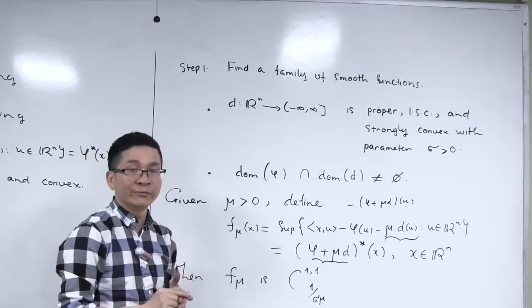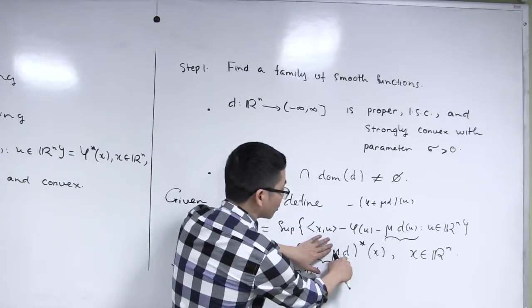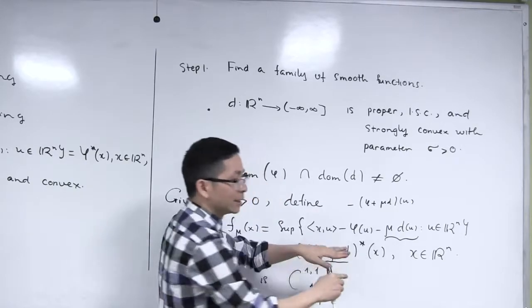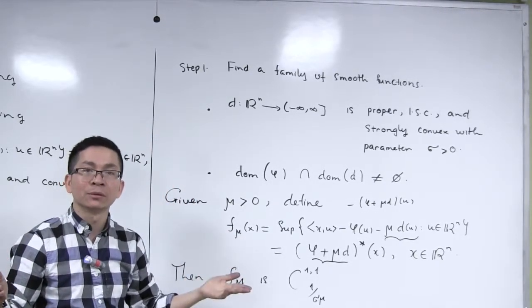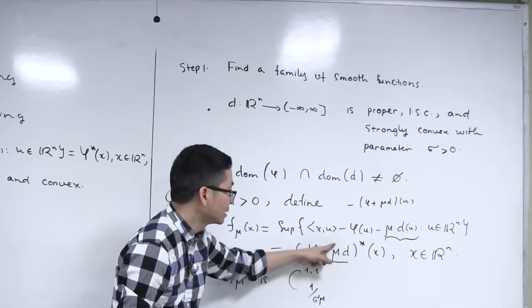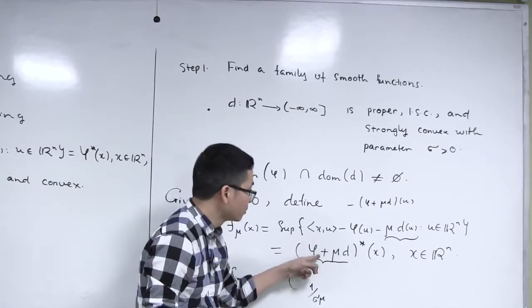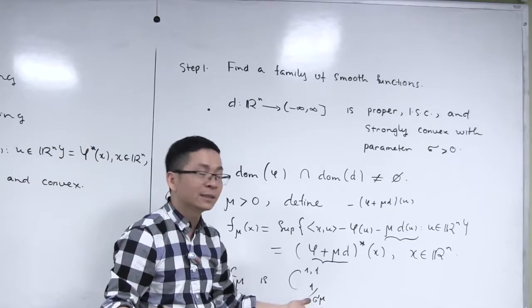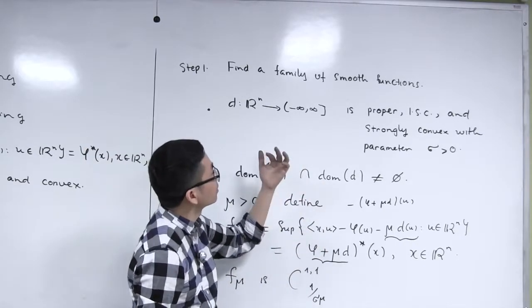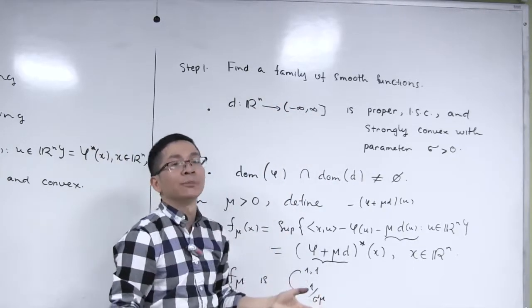Now, from the previous proposition, we see that because d is strongly convex with parameter sigma, mu times d is strongly convex with parameter sigma times mu. Now you add a convex function phi, the new function here is still strongly convex with parameter sigma times mu. And the new function is also proper and lower semi-continuous given these assumptions.